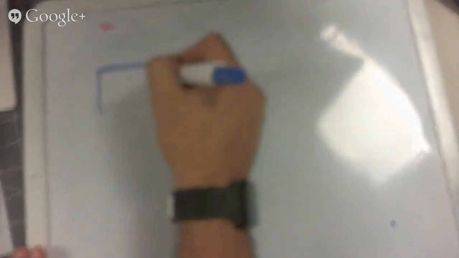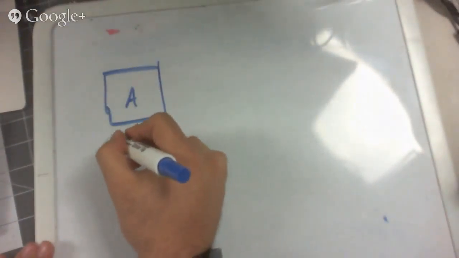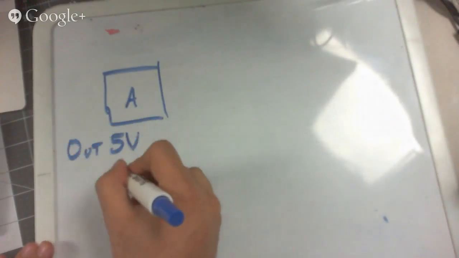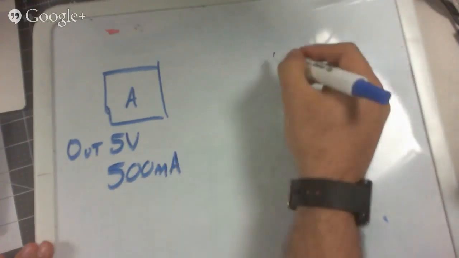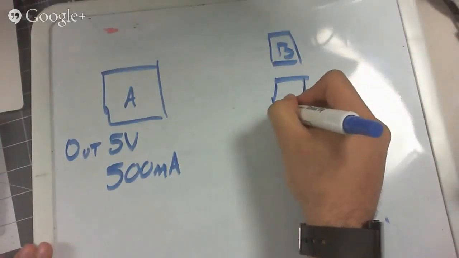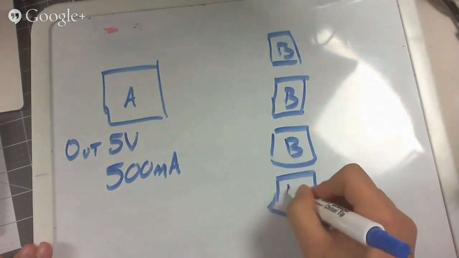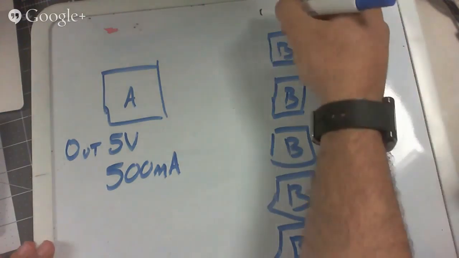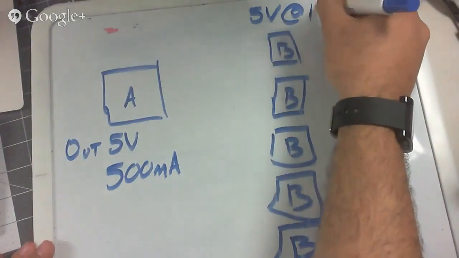If device A, my output device, does 5 volts output and it can source 500 milliamps, then I can have 5 device Bs, assuming each one requires, again, 5 volts at 100 milliamps.